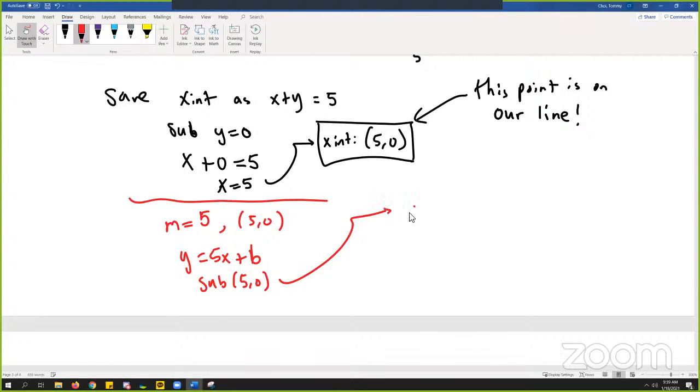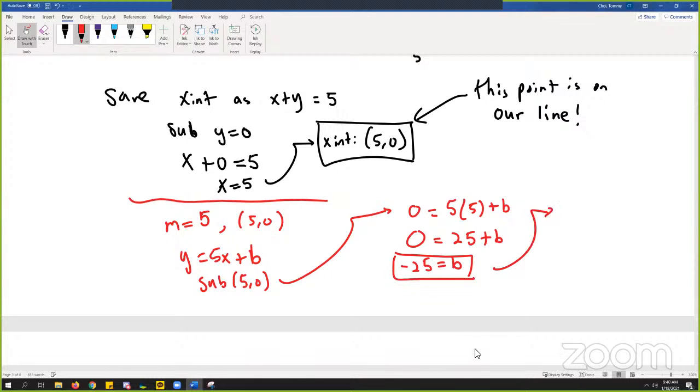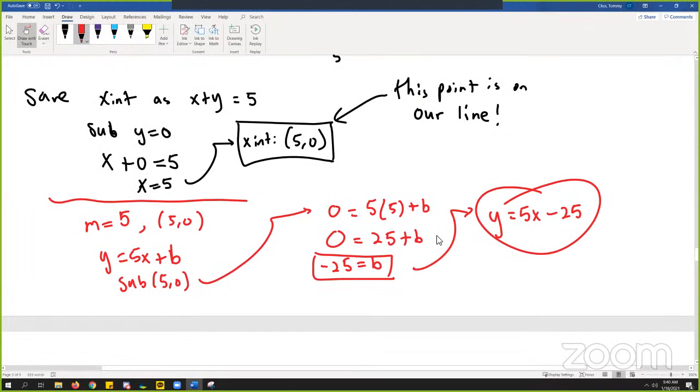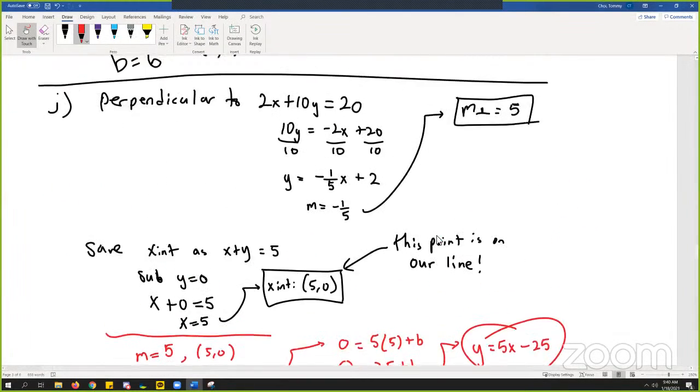In doing so, we get 0 equals 5 times 5 plus b, which gives me 0 equals 25 plus b. So negative 25 equals b. So my final equation is y is equal to 5x minus 25. And there's our final answer there. So I'll zoom out a bit to show all of question J.